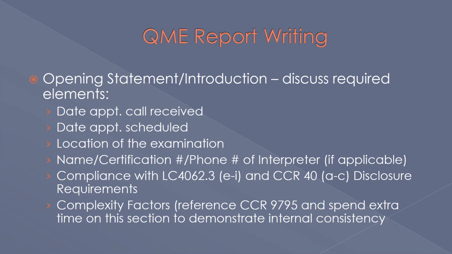And billing for medical legal reports is described in California Code of Regulations 9795, which requires certain things of us if we are going to bill our reports at the complex levels and above. We have the ML 103 complex and we have the ML 104 complex comprehensive, both of which require specific descriptions and specific explanations from us. And I'll show you how we elaborate on those complexity factors here in our opening statement.